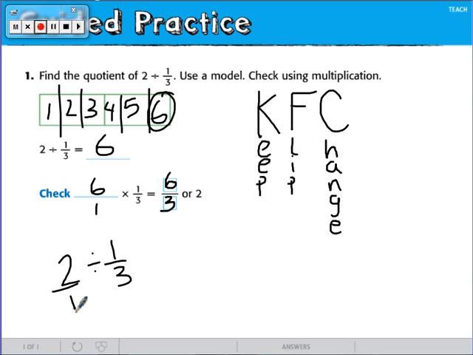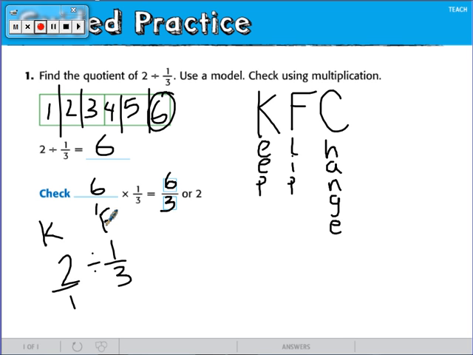So I have 2 over 1 divided by 1/3. The K and the F refer to the fractions. I keep the first one. I flip the second one. So if I flip 1/3, what do I get? 3 over 1.